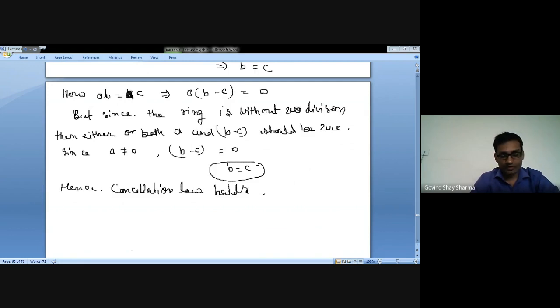Now we have to prove that AB is equal to AC implies B is equal to C. So we take A common and B minus C. So either A is equal to 0 or B minus C is equal to 0, because this is the ring without zero divisor. So it follows that B is equal to C, so it follows the cancellation law.